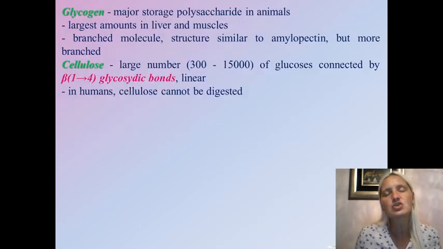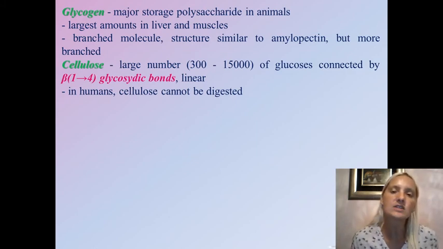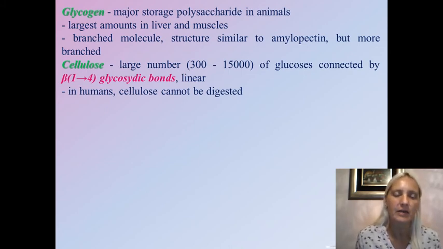Glycogen is the major storage polysaccharide in animals and humans, and the largest amounts of glycogen are found in liver and muscles for maintenance of the homeostasis of glucose or for muscle contraction. It's a branched molecule, even more branched than starch, and its structure is similar to amylopectin.